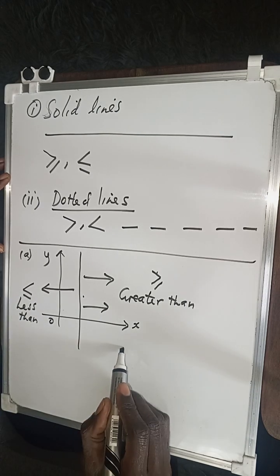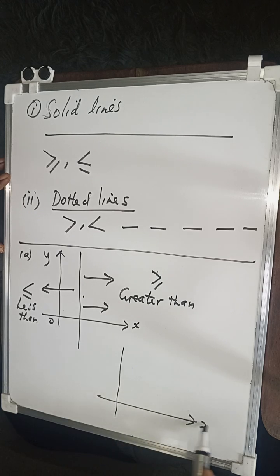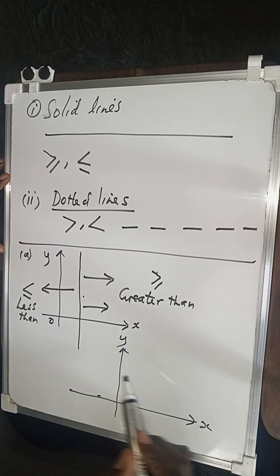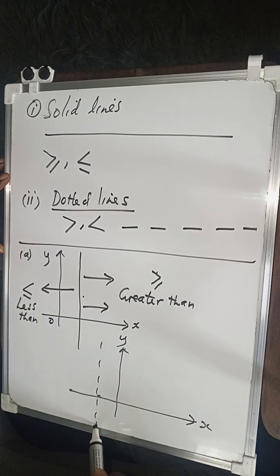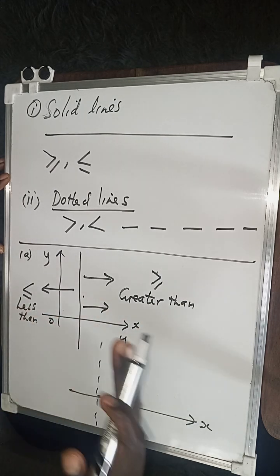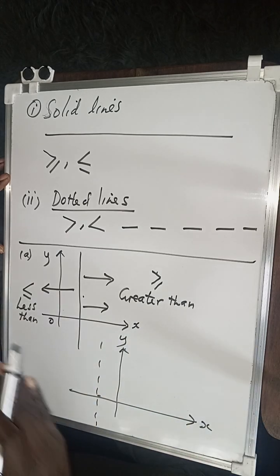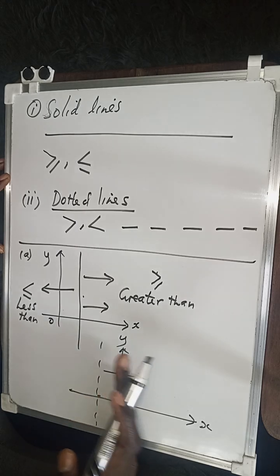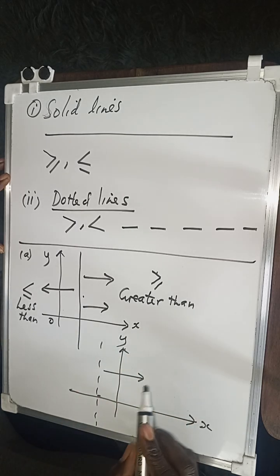Now suppose I had again a line on the x or y plane, but this time let's say that I have a dotted line. It doesn't matter where the line is, whether in the positive or in the negative, the concept still applies. If you are going this side, of course it is still greater than, because the numbers are increasing.